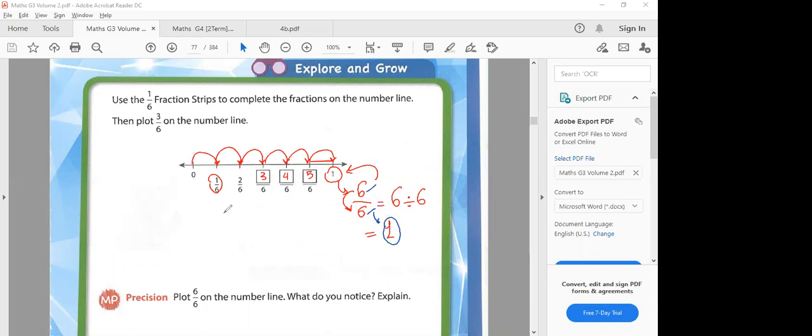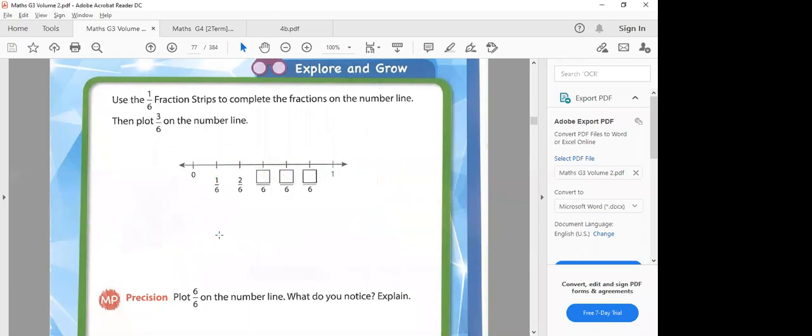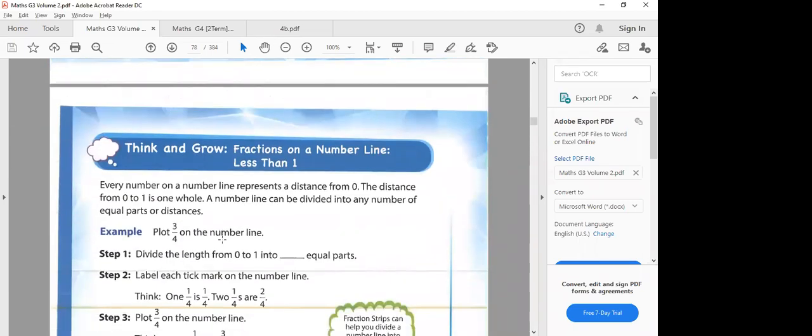So 7 over 7 equals 1, 5 over 5 equals 1, 2 over 2 equals 1, 100 over 100 equals 1. Any number over itself equals 1. It is like dividing, any number divided by itself equals 1.